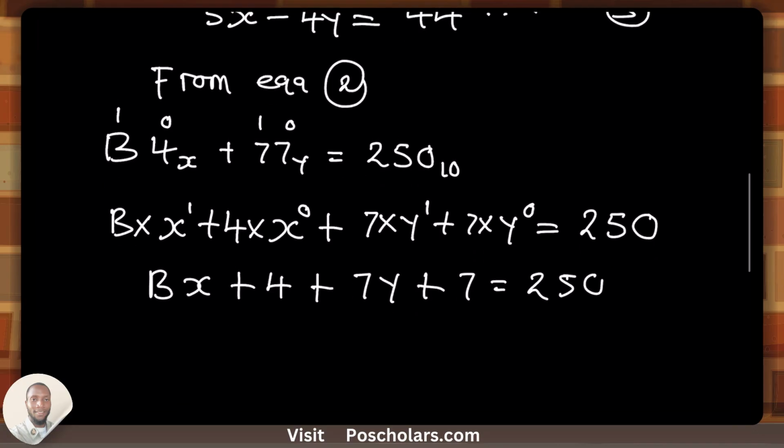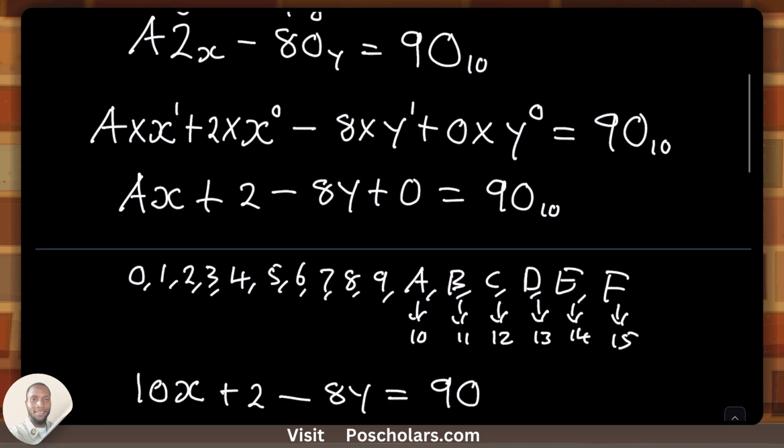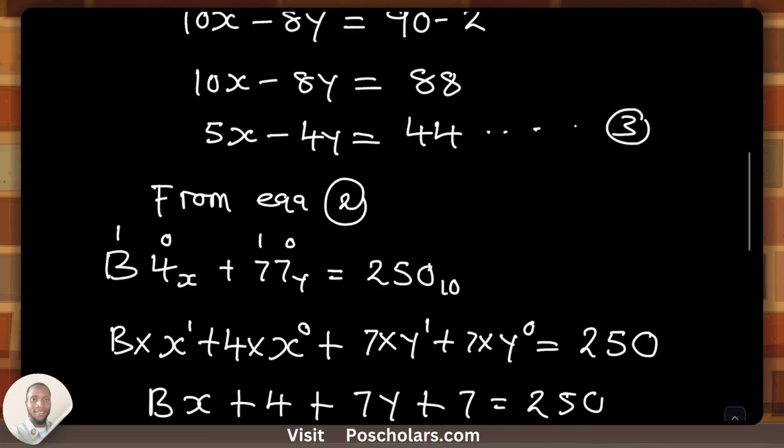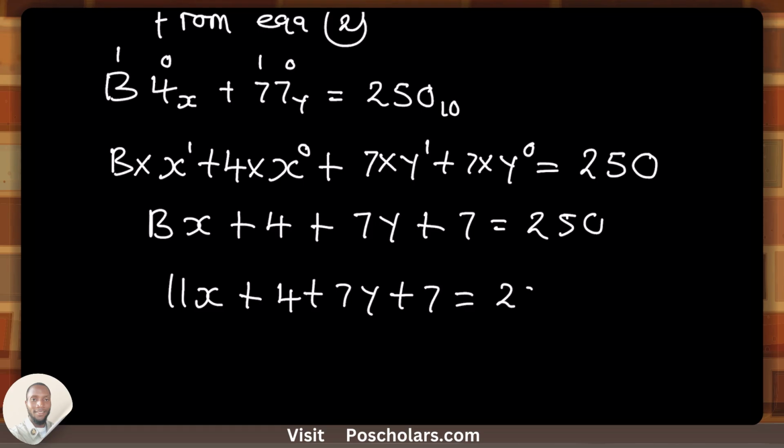Next, like I said, this is B. We are working in hexadecimal. What does B represent? If you check it, B represents 11. So I will say 11 times x gives 11x. I'll write down 11x plus 4 plus 7y plus 7 equals 250.